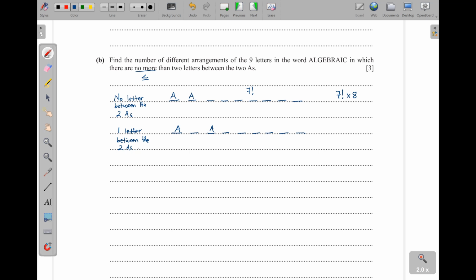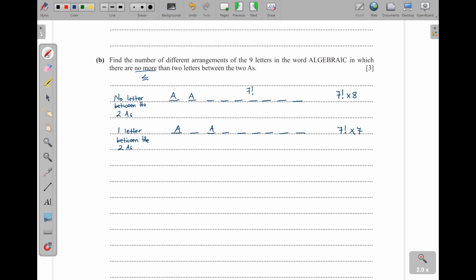Okay. Still, to arrange the other remaining letters, it will be 7 factorial. But now this one, they can be here. Then again, they can shift. So this is 1, then 2, 3, 4, 5, 6, 7. Okay. So this one can happen 7 times. So I'll multiply this by 7.